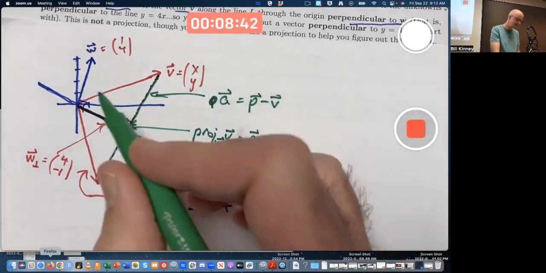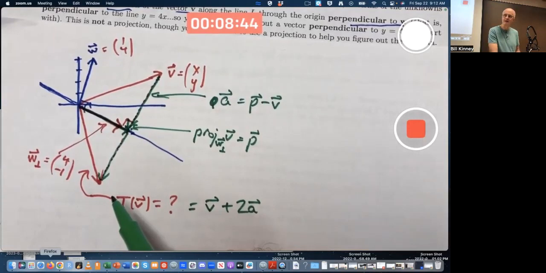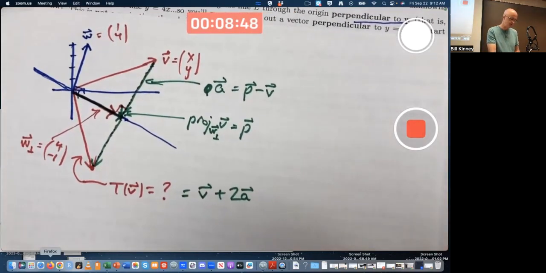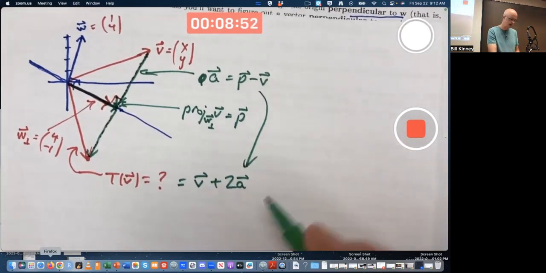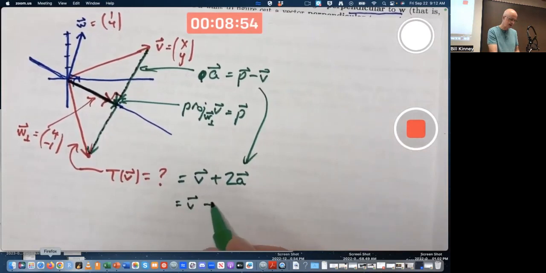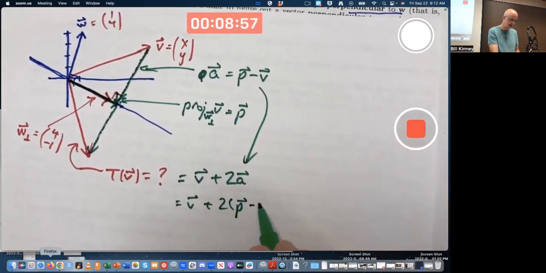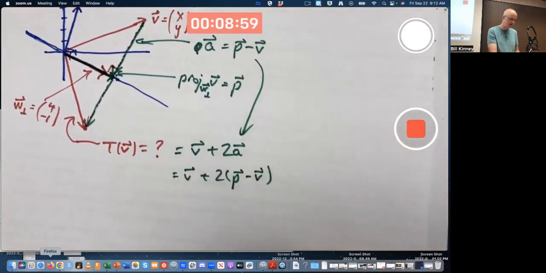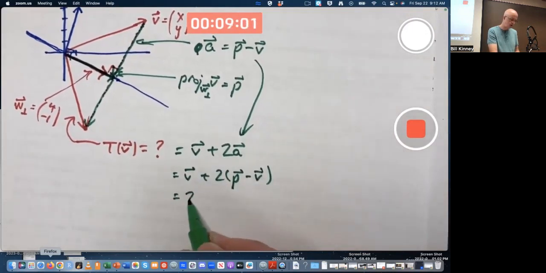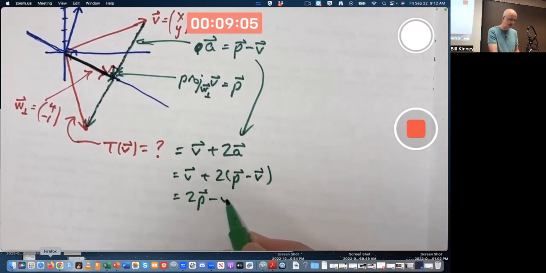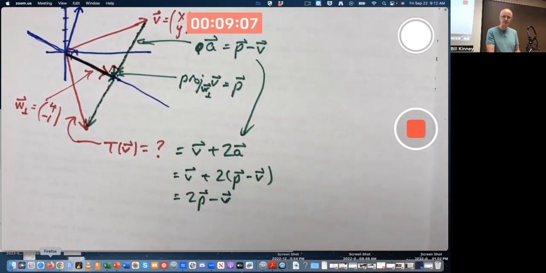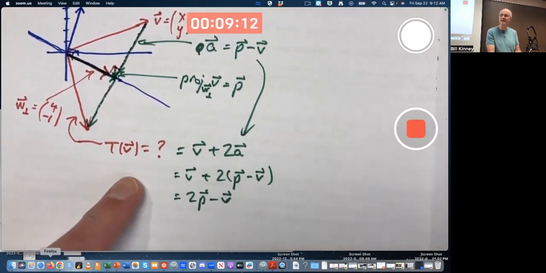Yeah, V plus 2A. And now it's just a matter of simplifying this. I can replace A with P minus V. And then I can distribute the 2 through and get 2P. V minus 2V is going to be just minus V. So in terms of P and the original vector V, this is T of V.